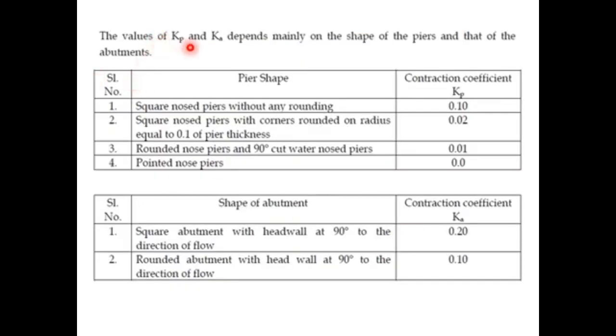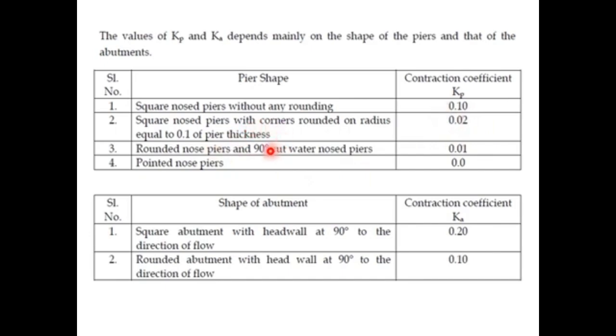The values of Kp and Ka depend mainly on the shape of the piers and that of the abutments. For square-nosed piers, without any rounding, Kp is taken as 0.1. For square nose with only the corners rounded, it is 0.02.